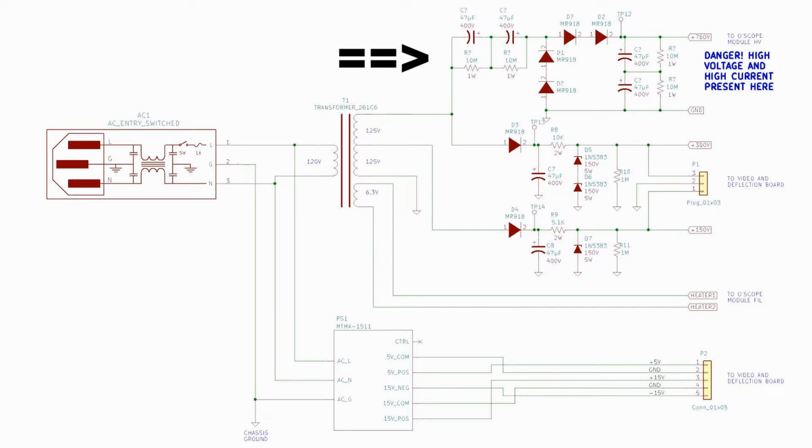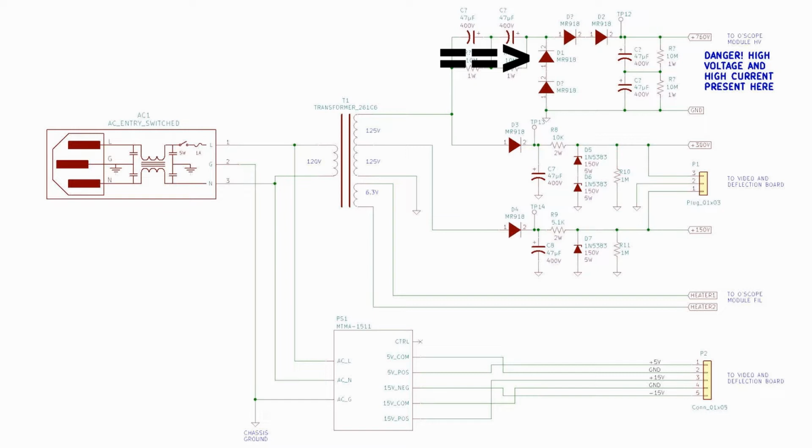Moving to the right on the top section, we have a standard voltage doubler. You'll notice that the components are doubled up. This is due to the fact that I didn't have single components that met the voltage requirements. The diodes are 1 kilovolt peak inverse voltage diodes, and our peak inverse voltage in this case is about 1600 volts.